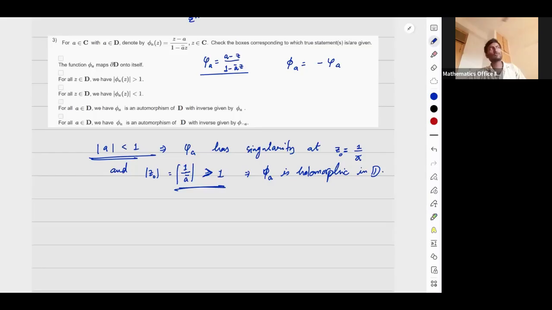Most likely boundary is going to be boundary. If we show that phi A sends the open unit disk to the open unit disk bijectively, then the boundary will be boundary. So we have to show phi A is an automorphism of the open unit disk.